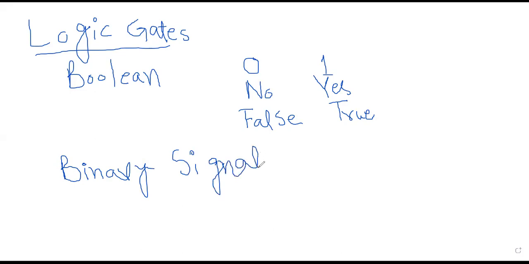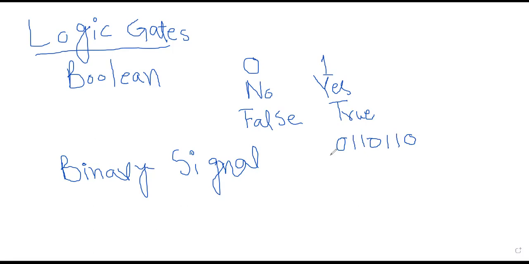So what is basically a binary signal? Let's suppose there is a value that is first 0, then 1, 1, 0, 1, 1, 0. What does this mean? This means that I have multiple outputs.